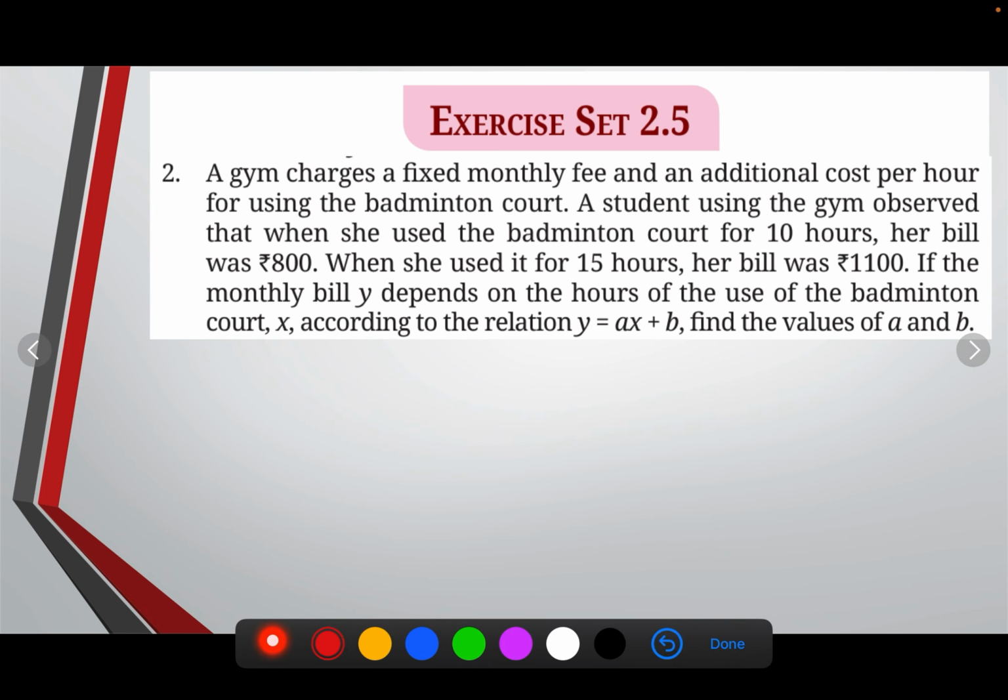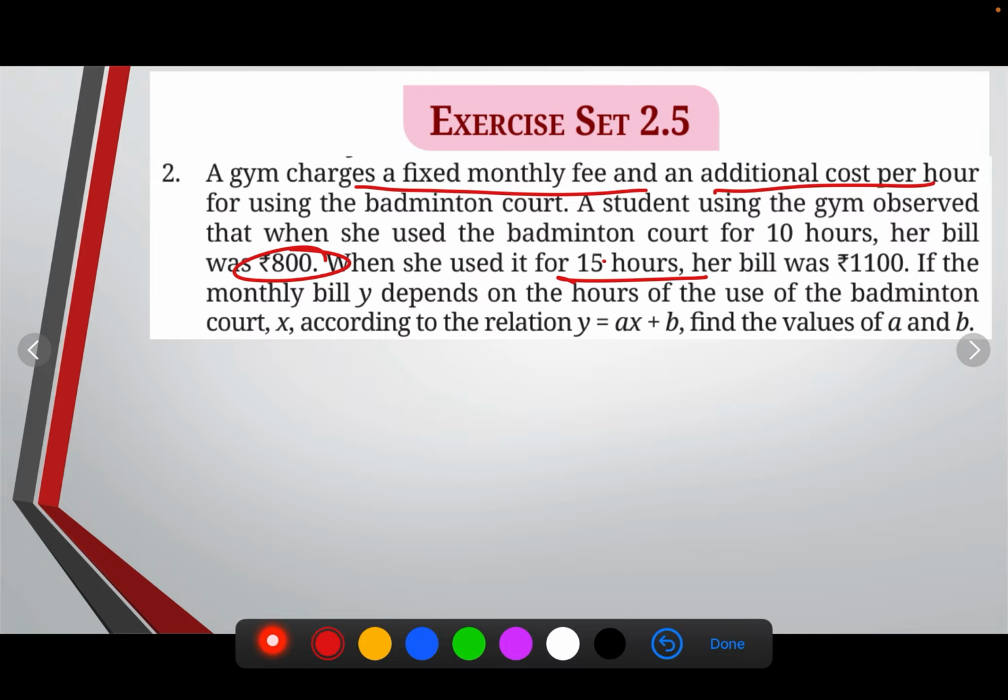The next question. A gym charges a fixed monthly fee and an additional cost per hour. Now there is a gym where the monthly fee is fixed and the additional cost is per hour for using the badminton court. A student using the gym observed that when she used the badminton court for 10 hours, her bill turns out to be 800.